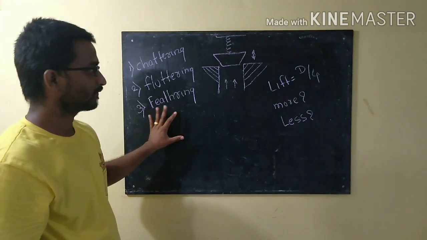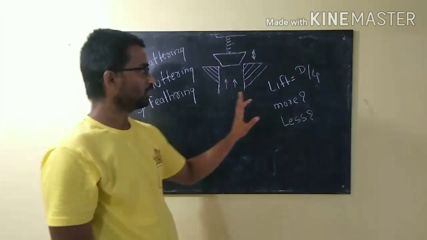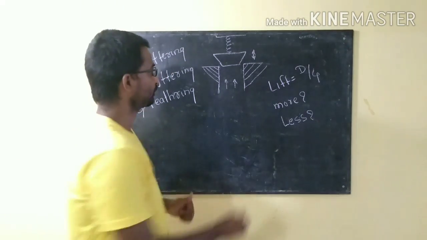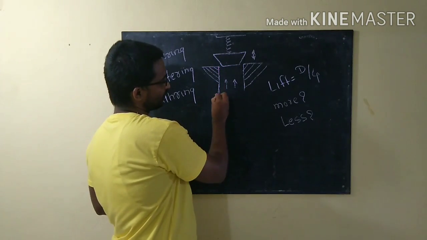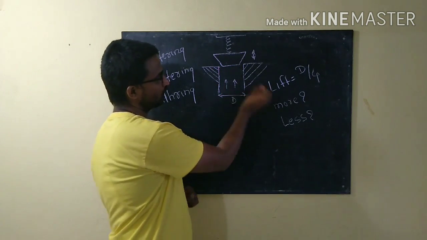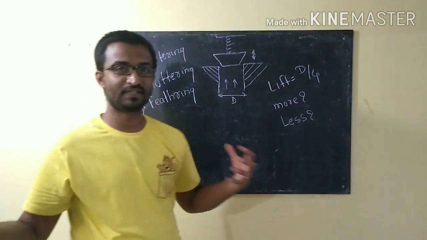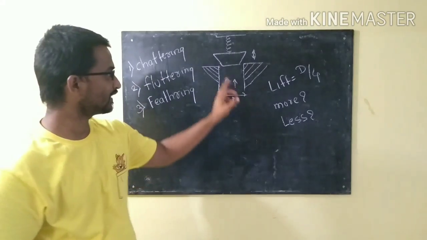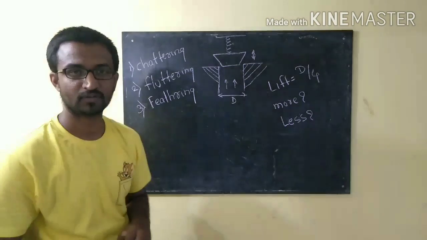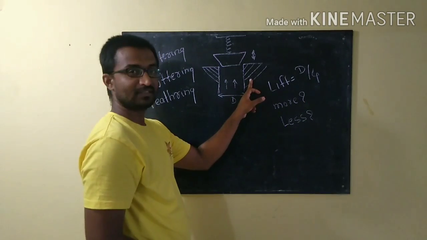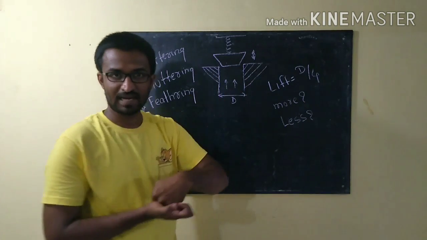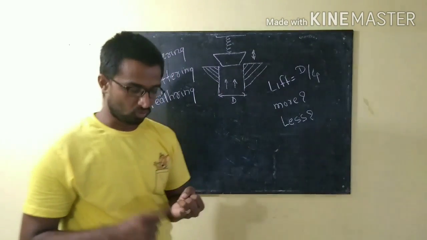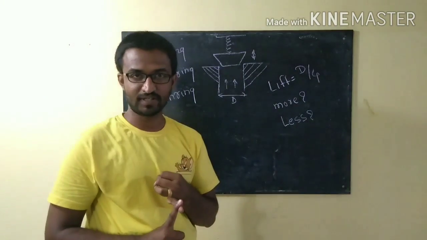Third is feathering. Generally when you are not getting the lift of D by 4, to avoid the accumulation of pressure we increase the diameter of the valve seat. If the valve seat diameter increases, its thickness also increases, and as the thickness increases, the clamping force of the valve lid on the valve seat reduces.